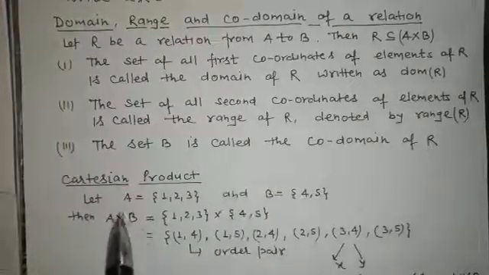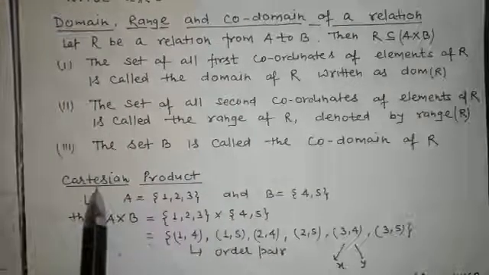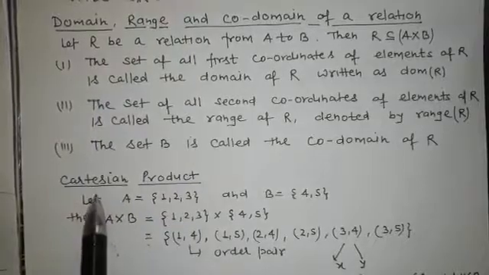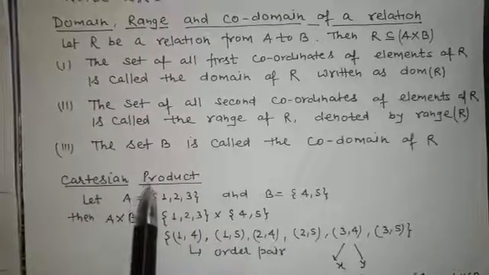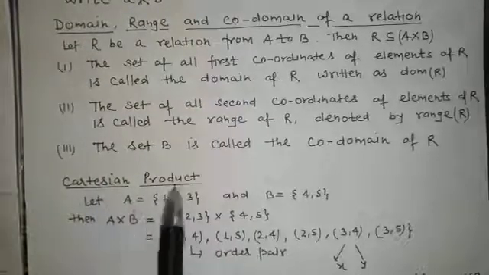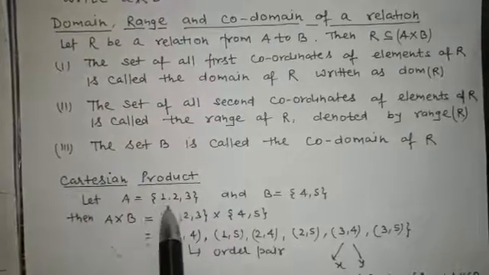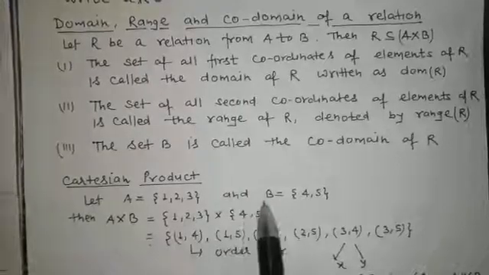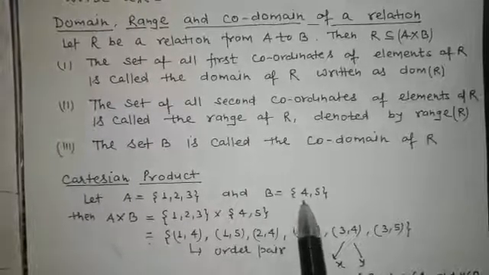Now the term Cartesian product. Let A is equal to {1, 2, 3} and B is equal to the set {4, 5}.